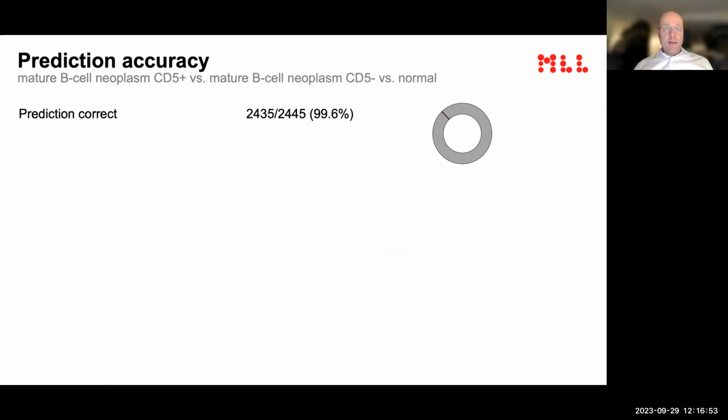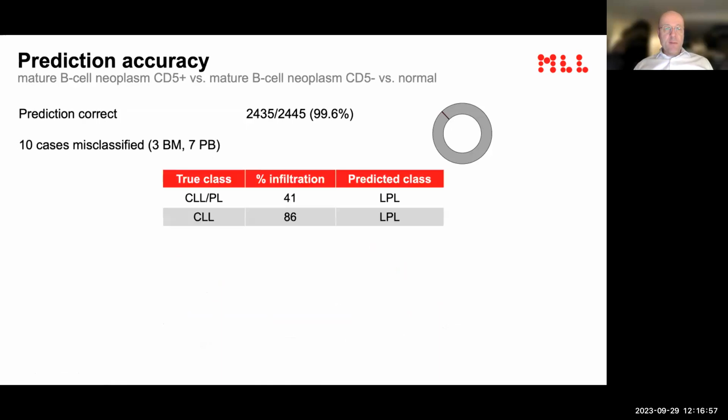In the next approach we added separation between CD5 positive and negative lymphoma cases, and there were only two additional cases being misclassified. True class being CLL and CLL, each predicted as LPL.